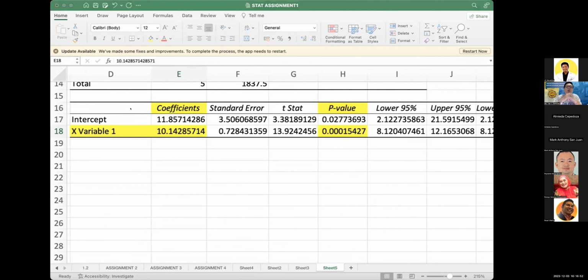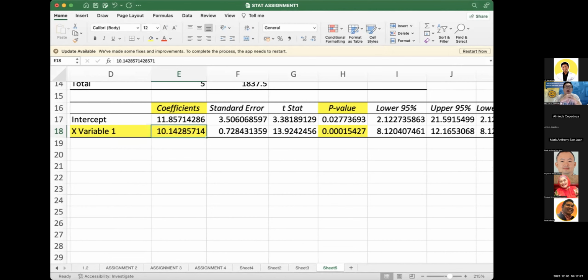So therefore, we will reject your null hypothesis, which means that the alternate hypothesis states that there is a significant relationship between the number of nurses and the number of patients being treated. So for every increase of 23 nurses, the projection we computed kanina would translate to a certain number of patients that will be treated.